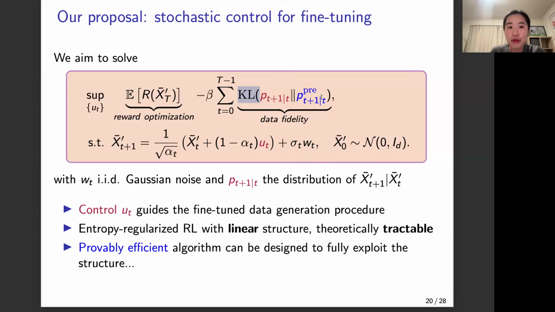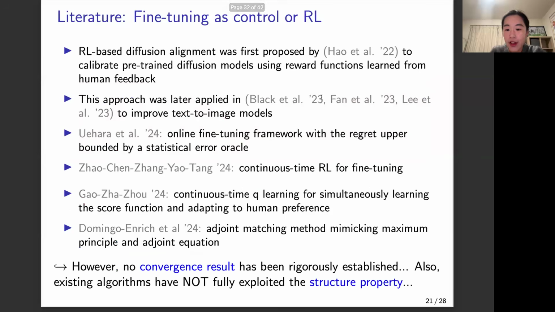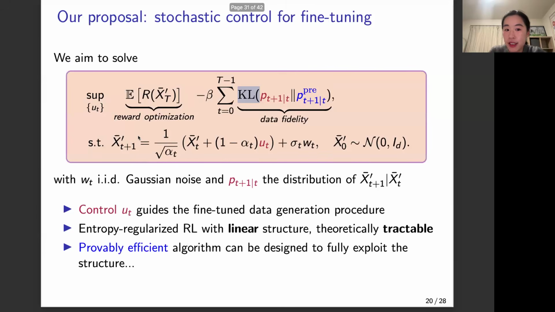I think I don't have too much time to talk about this part. One thing I want to quickly mention is that stochastic control and RL have been used in the literature to study the fine-tuning problem, but no convergence result has been established, because most of the existing algorithms are very generic RL algorithms. They don't fully exploit the structural properties I just mentioned, for example, linear dynamics, and also, once we rewrite the KL divergence, it gives us a square loss on the difference between the control and the pre-trained score function.